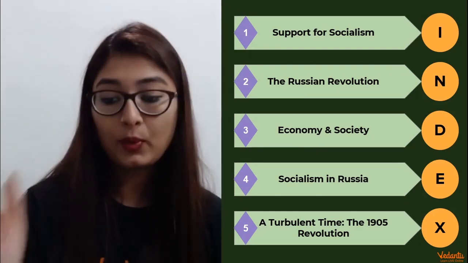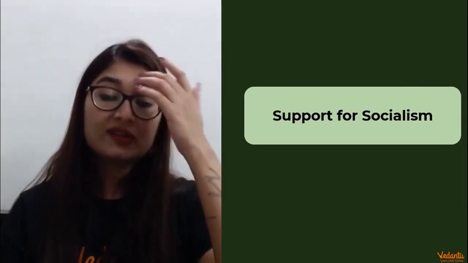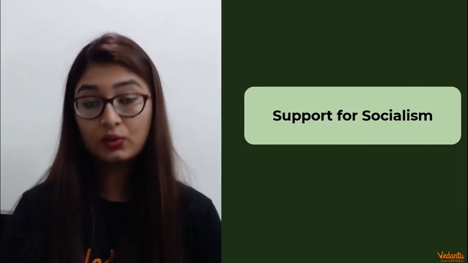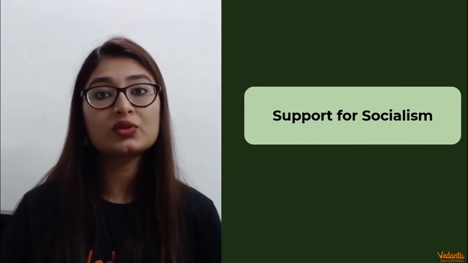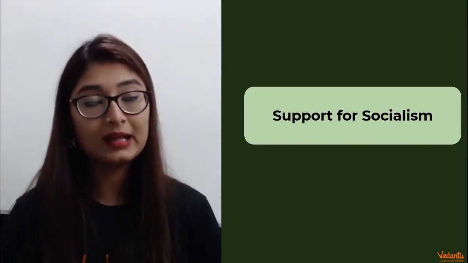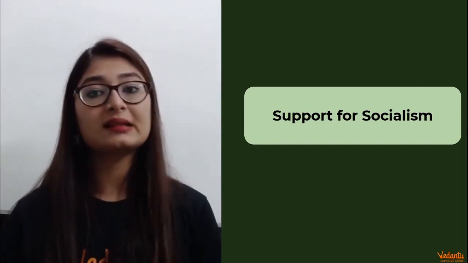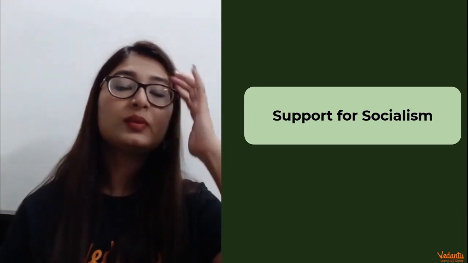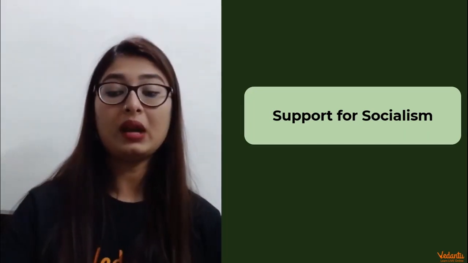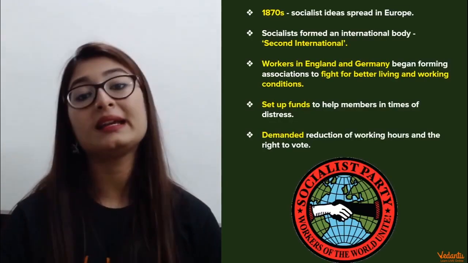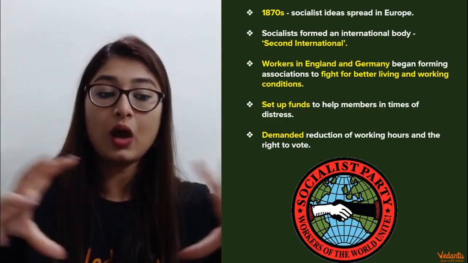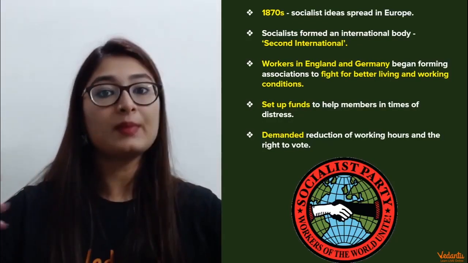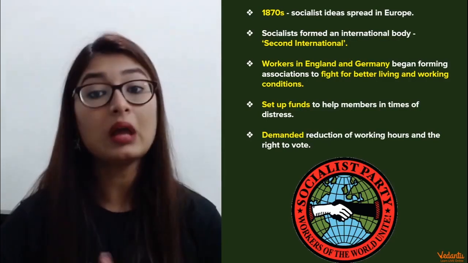Now, coming back to the point where we started. Support for socialism. As I told you guys, the idea of socialism was just born, right? Till the part we had discussed in the last session. Now it was just being ignited more and more, and it started to spread in the 1870s. People were now getting to know more about socialism, and they were associating and resonating with the idea.